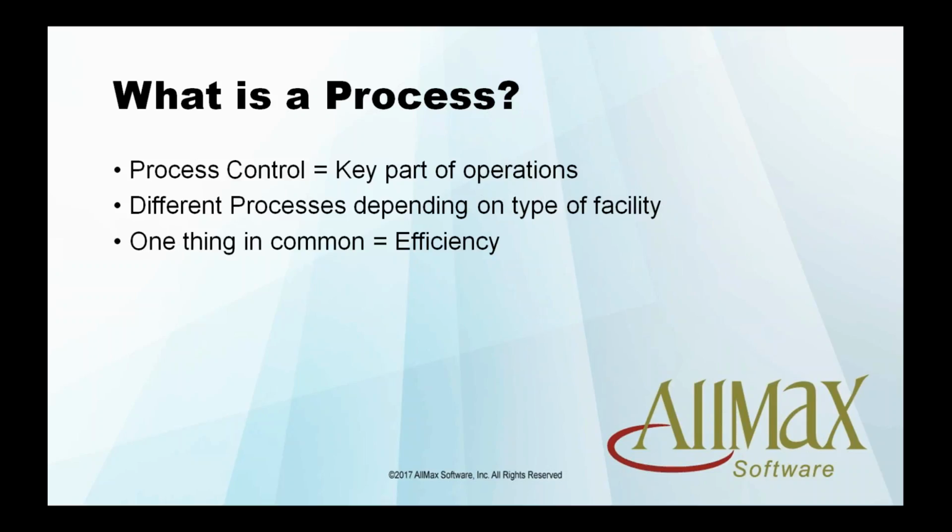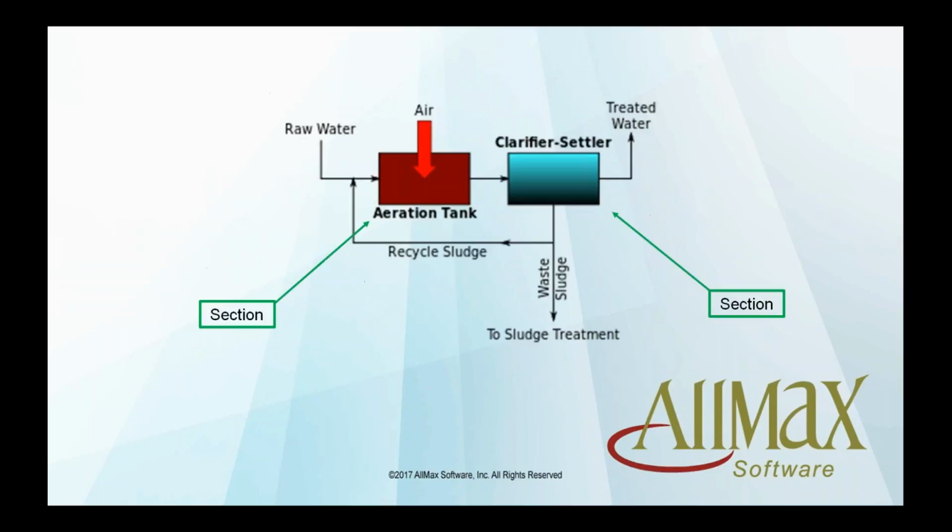In those efficiency processes, a lot of it again is going to relate to how the treatment plant works. A process is comprised of multiple sections. So if we look at this diagram of a simple wastewater treatment plant, each section has its own criteria that it has to meet.